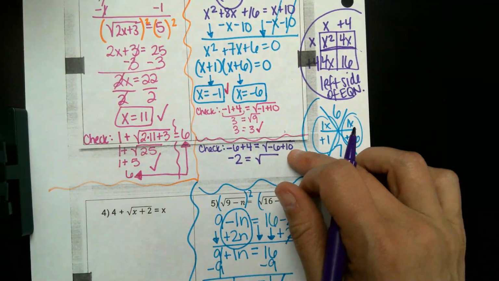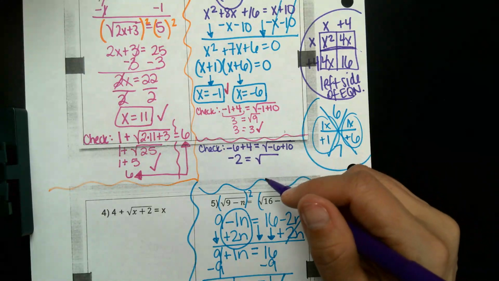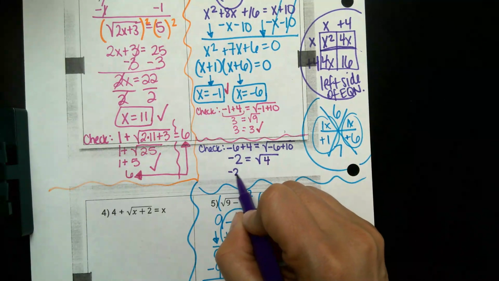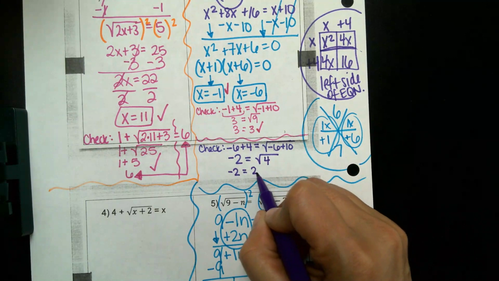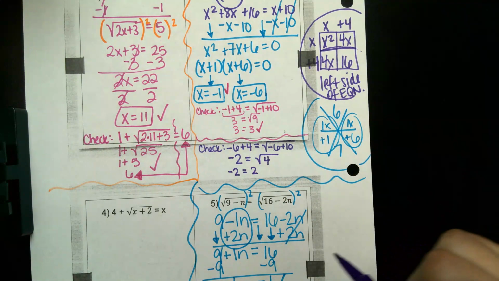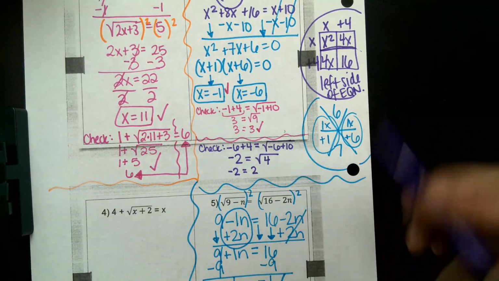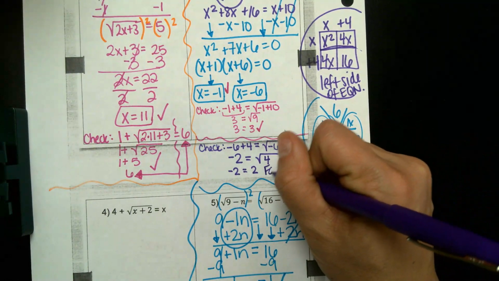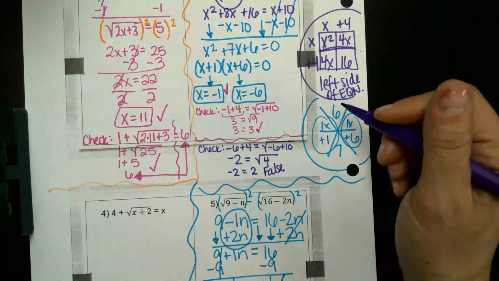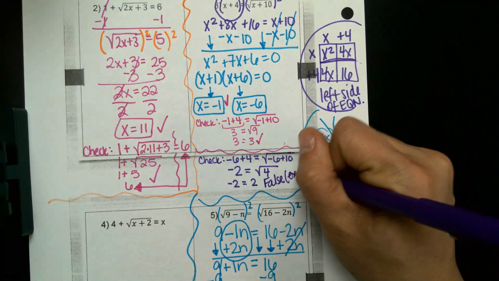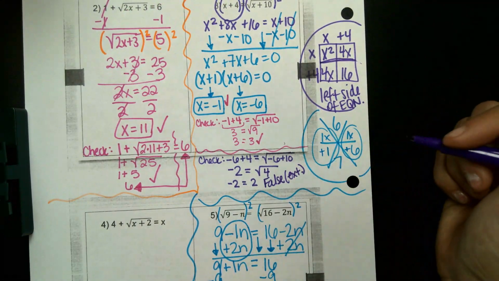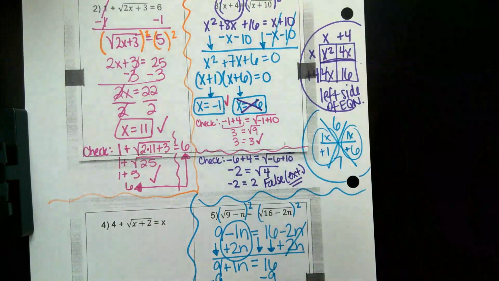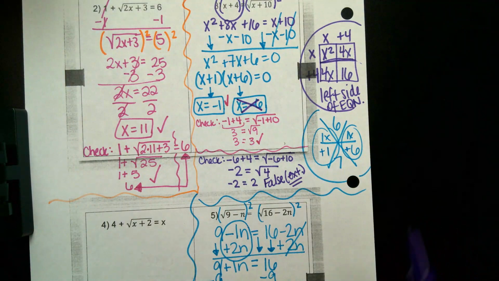What's -6 plus 10? 4. And what's the square root of 4? 2. Okay, look at what mine says. Mine says -2 equals 2. Is that true or false? That is false. And since that is a false statement, that means that the answer of -6 was extraneous. So you want to go up there and just cross out that -6.